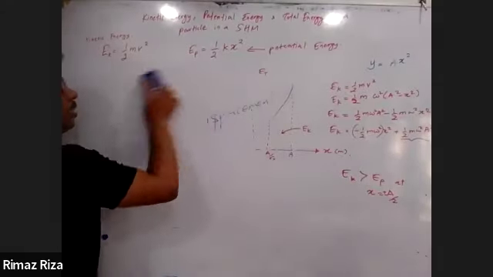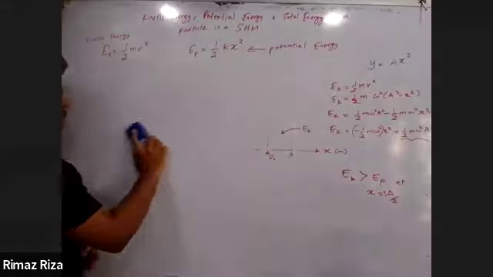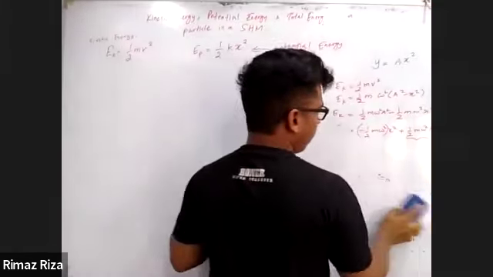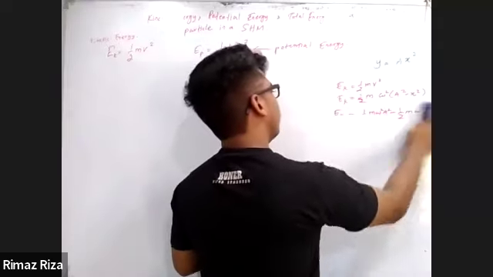Plot the graph, write the topic, the variation of kinetic energy, potential energy, and total energy of a particle in simple harmonic motion with time.